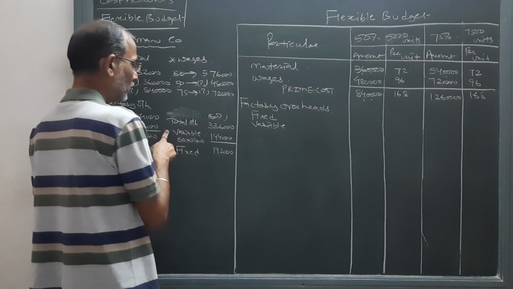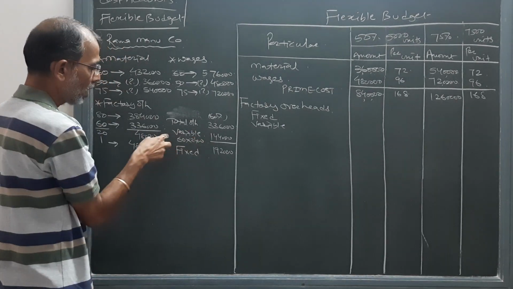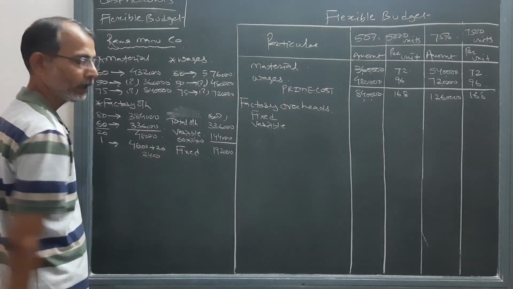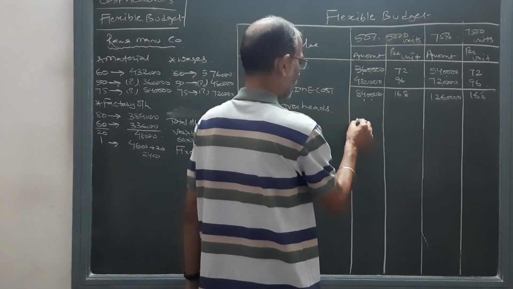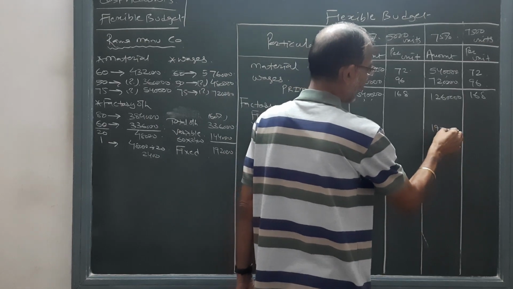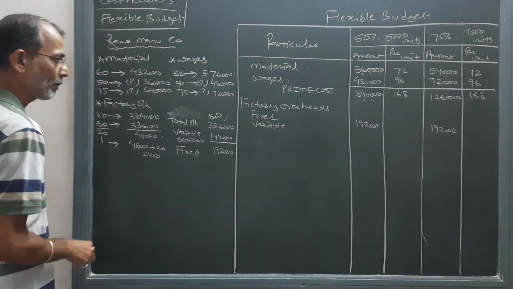If I take 60% capacity, total overheads are 3,36,000, out of which variable are 60 into 2,400, 1,44,000. That means 1,92,000 is fixed, which will be the same at every capacity.